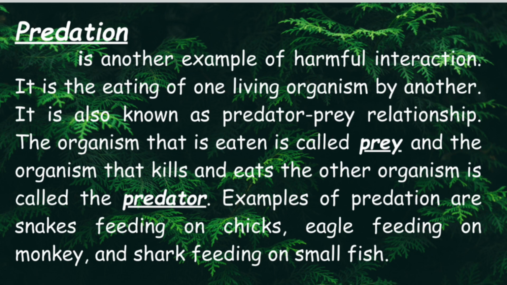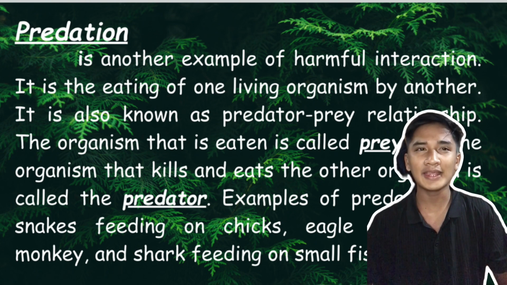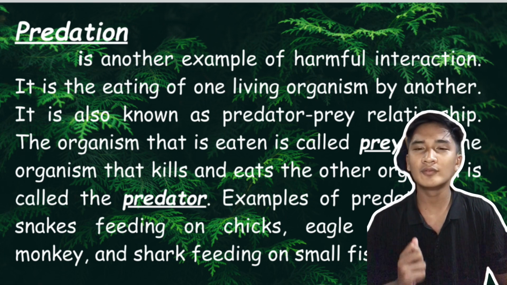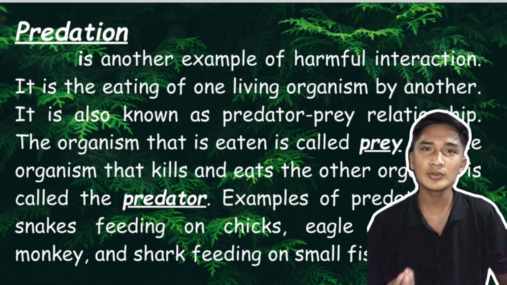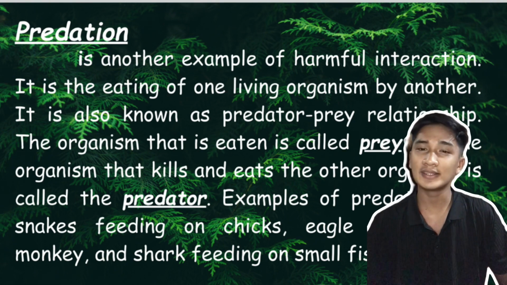Examples of predation are snakes feeding on chicks, eagles feeding on monkeys, and sharks feeding on small fish. The best known example of predation involves carnivores, where one animal consumes another. Think of wolves hunting mouse, owls hunting mice, or birds hunting worms and insects.